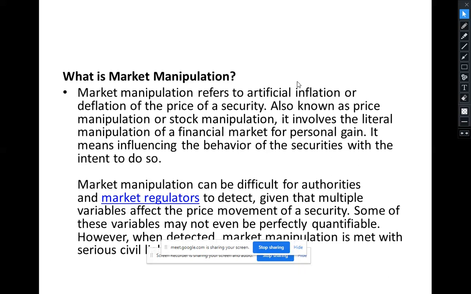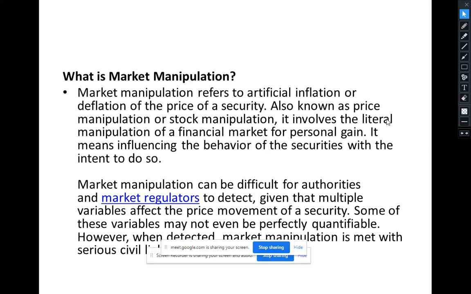Market manipulation refers to artificial inflation or deflation of the price of a security, also known as price manipulation or stock manipulation. It involves the literal manipulation of a financial market for personal gain, influencing the behavior of the securities with the intent to do so.